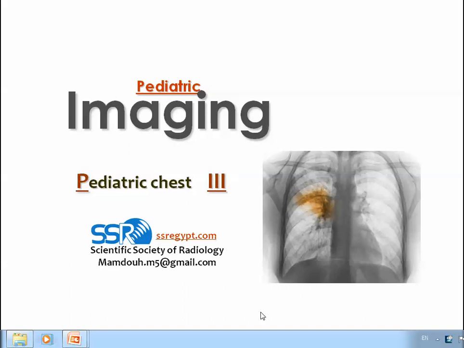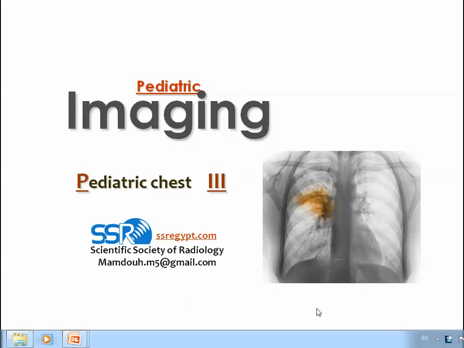Dear colleagues, we are going to start the third part of the pediatric imaging, pediatric chest imaging. We have finished the first part dealing with the anatomy and techniques, and the second part which dealt with the focal pulmonary lesions.